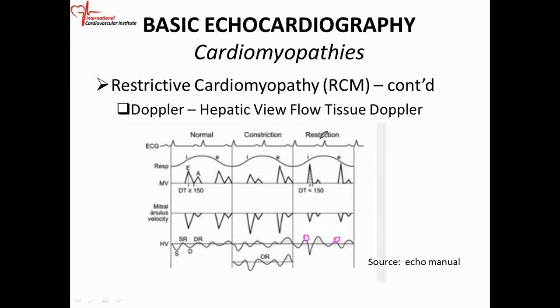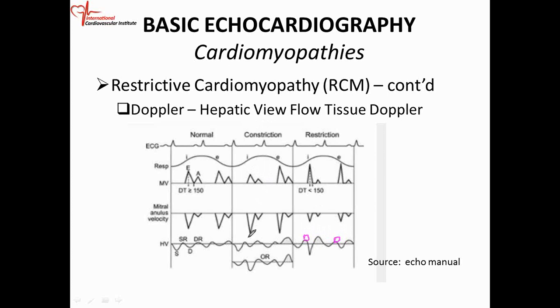In restrictive cardiomyopathy. With constrictive pericarditis, this is a pericardial disease. You're not going to have mitral inflow velocity showing restrictive physiology. You have your E and your A. In inspiration, the E and your A is going to be reduced. In expiration, it's increased. When you look at your mitral annulus velocity, it's not a muscle disease.